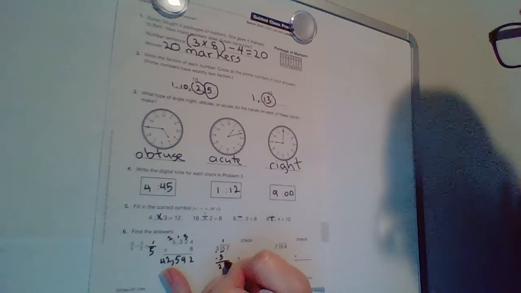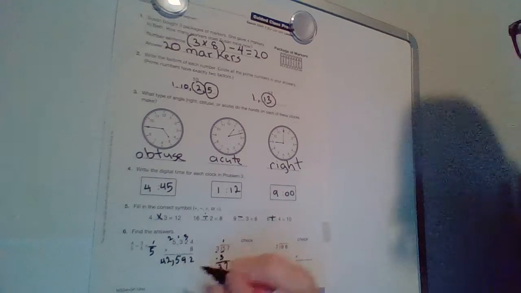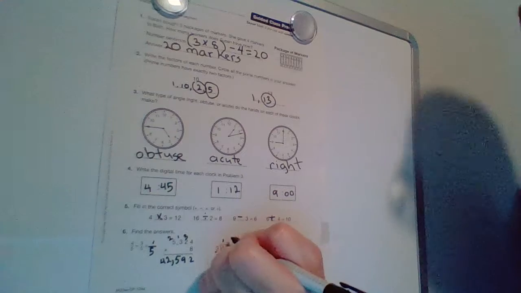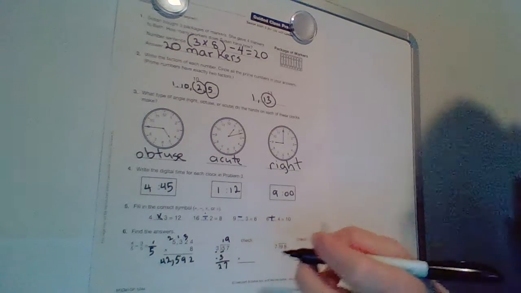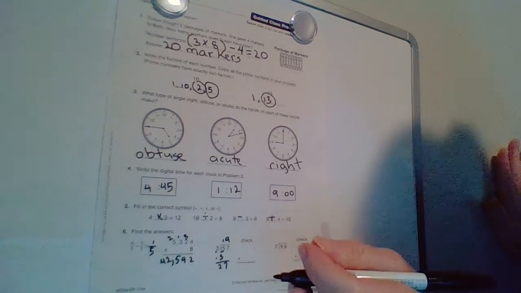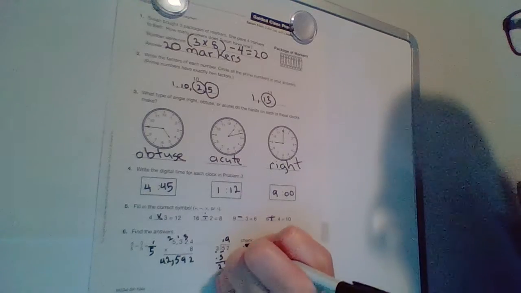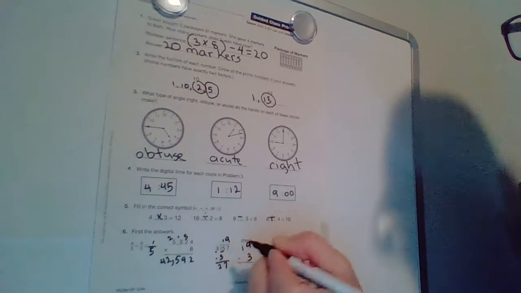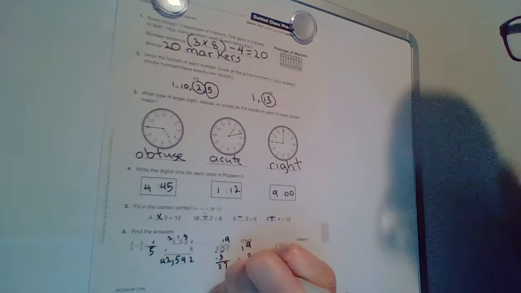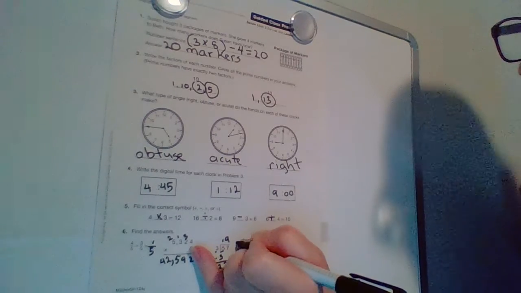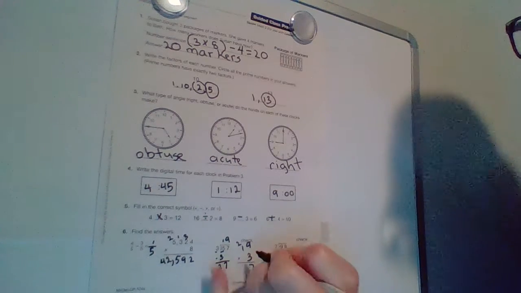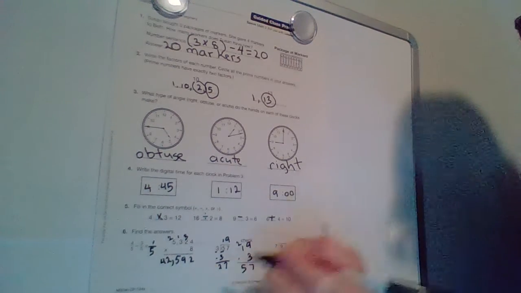Bring down the 7. What times 3 equals 27? That is 9. So if we want to check this, we're going to have 19 times 3. 9 times 3 is 27. Carry the 2. 3 times 1 is 3. Plus 2 is 5. Our answer is right.